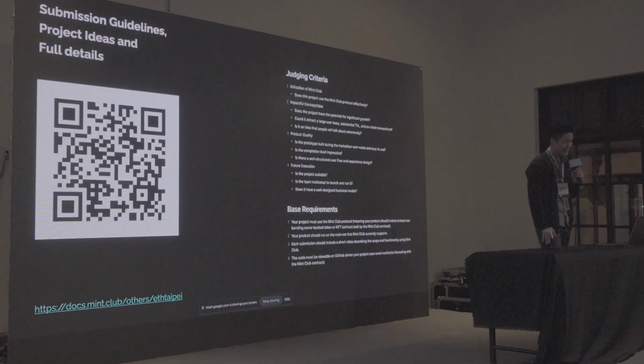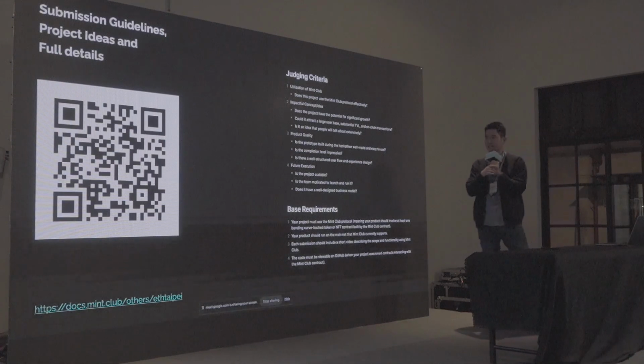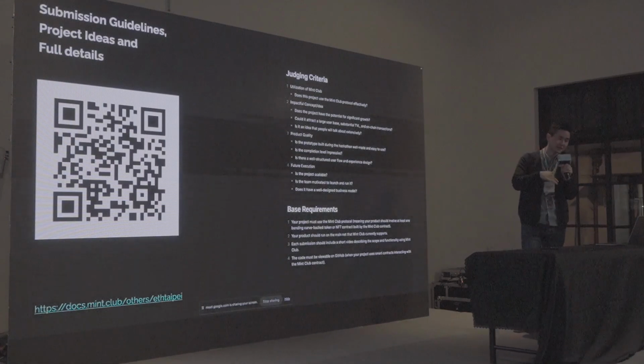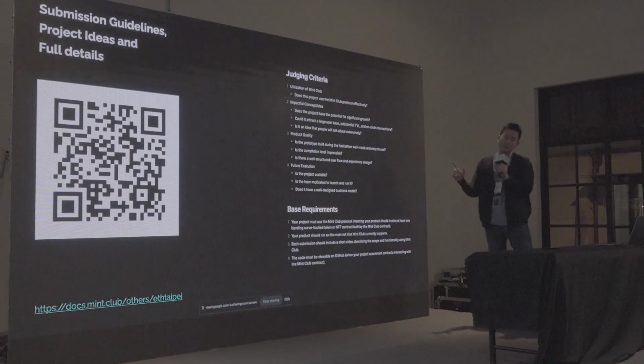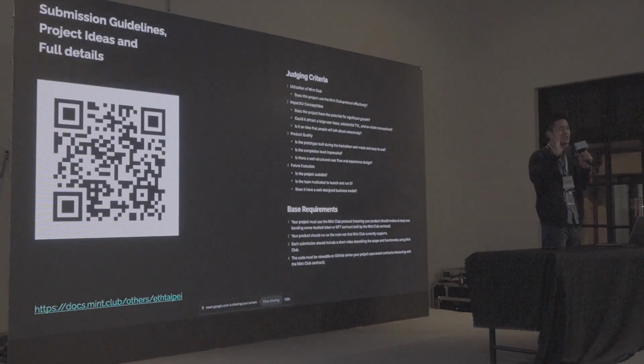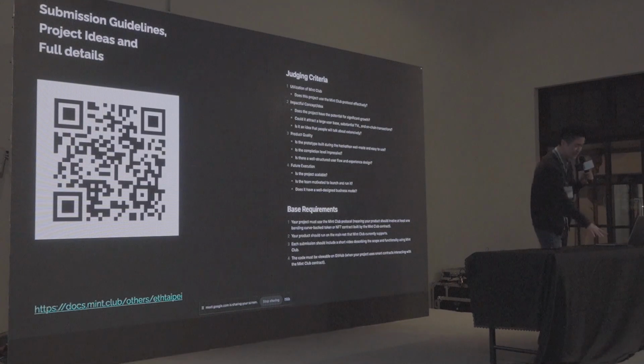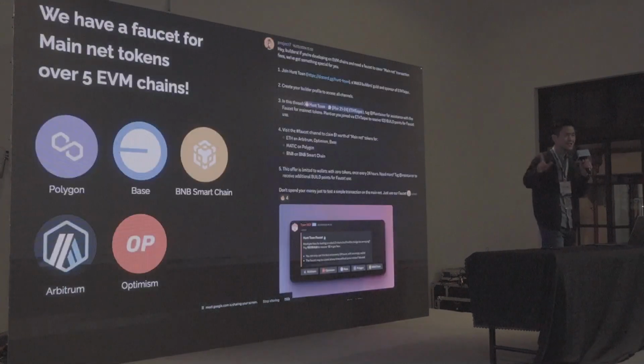The judging criteria and everything is described in the docs that I shared in the prize section, so you can read it fully. But the most important thing is that you just need to use the Mint Club protocol in some way, and that's all. You can deploy on a mainnet or testnet. If your project is a mainnet project and you don't have any gas fee, don't worry.